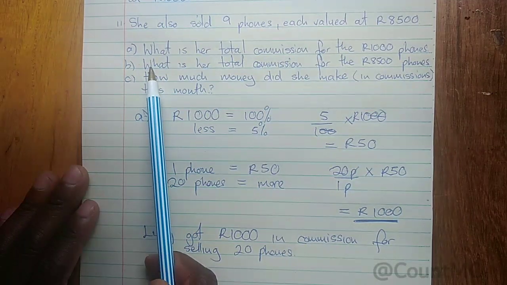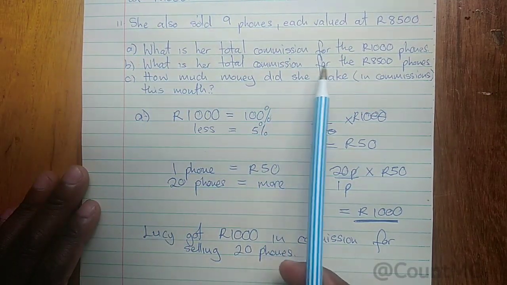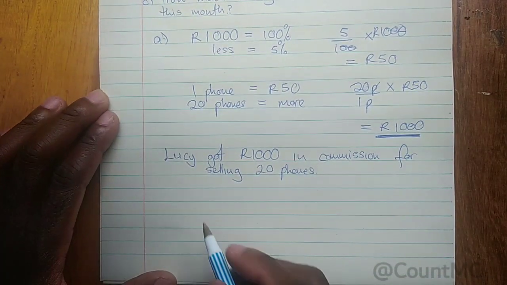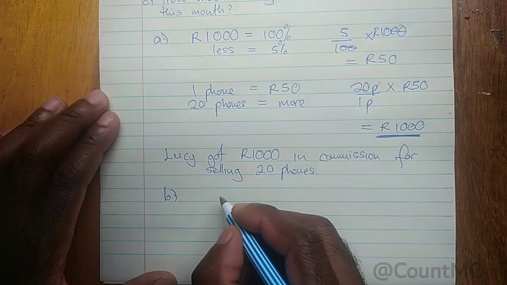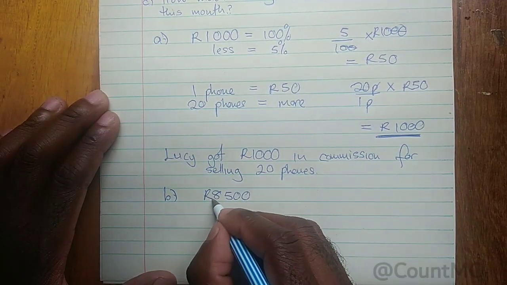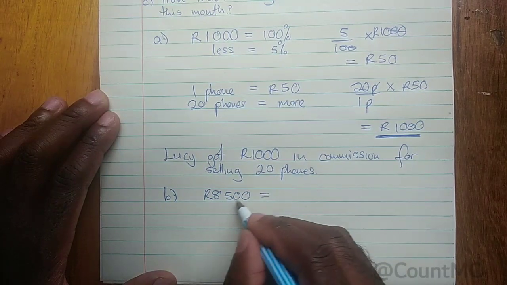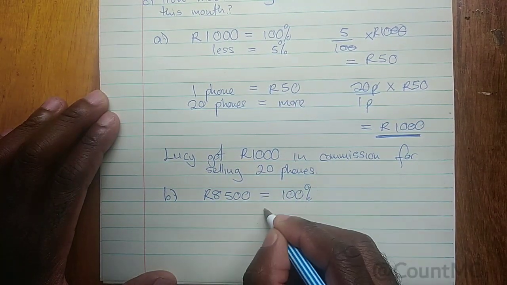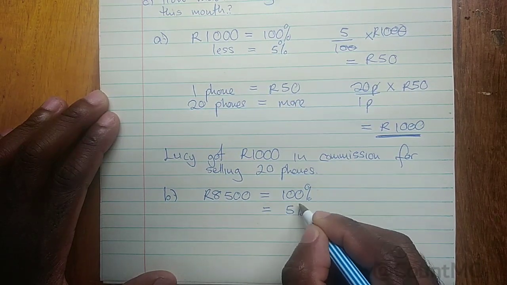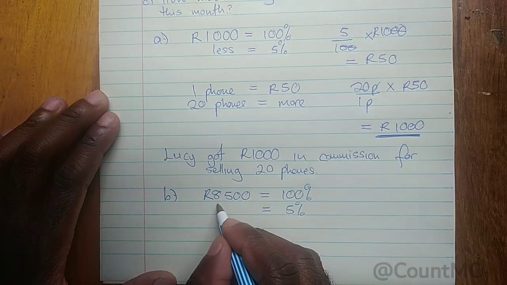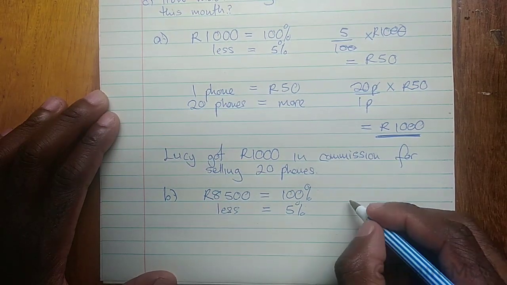Part B. What is the total commission for the 8,500 Rand phone? So for part B, each phone costs 8,500 Rands. So this 8,500 Rands is the 100%. For each phone, Lucy will get only 5%. 5% is going to be less.